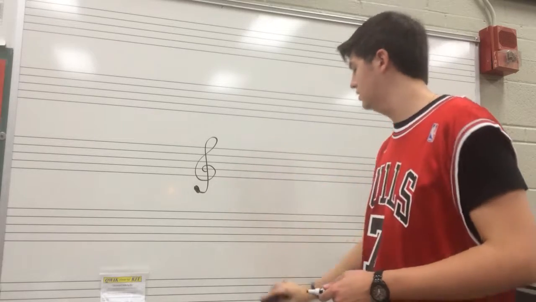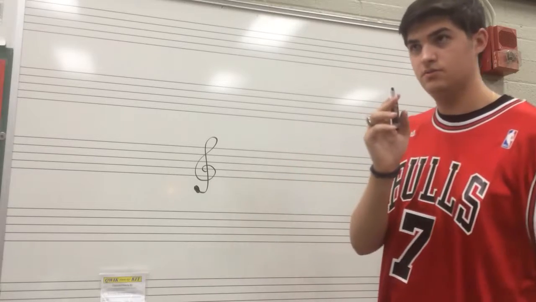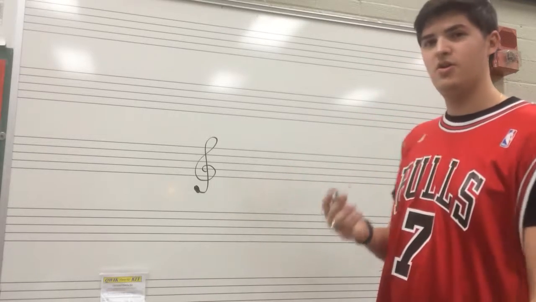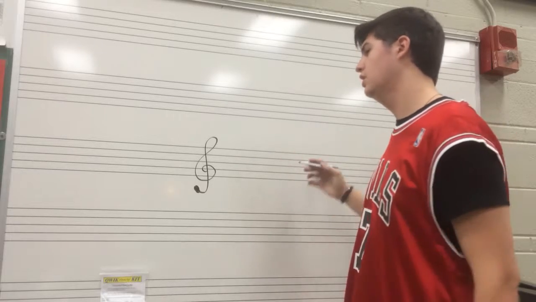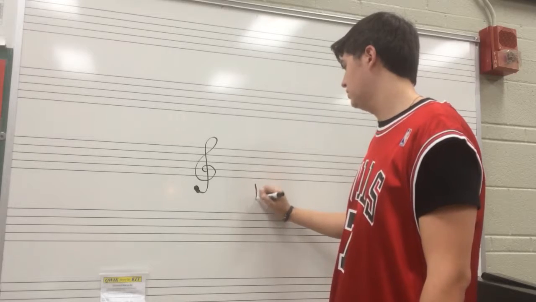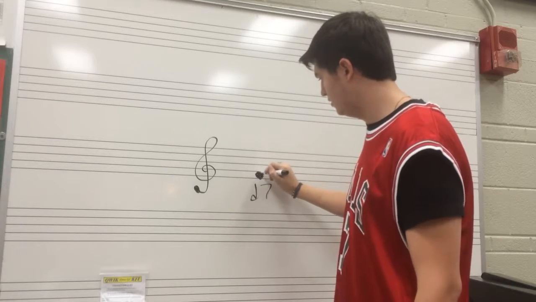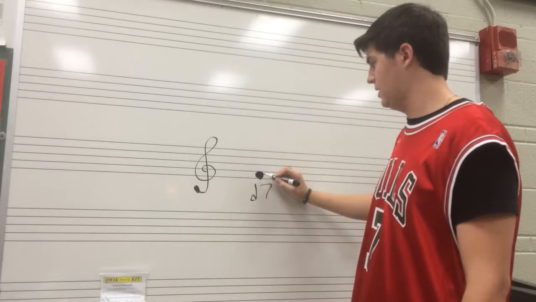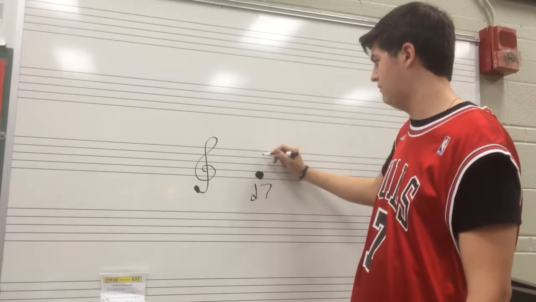Let's see. So let's try something different. I don't know how much you know about diminished and augmented, but let's do diminished seventh, and we'll start on F. So you've got 1, 2, 3, 4, 5, 6, 7.